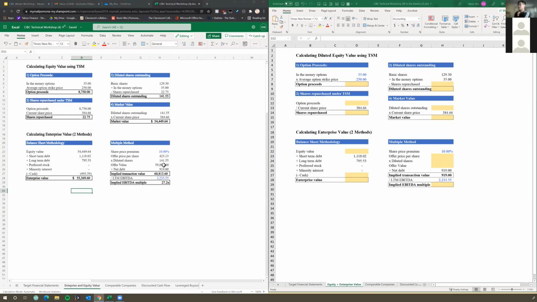Like Cooper was talking about earlier, there are actually two ways to calculate enterprise value. So you have the balance sheet method, which is what I was talking about with the referencing to the financial statements, and then also the multiple method. And so what we have are, one, information from the market, but also some comparables that we use to understand what the heck our enterprise value is.